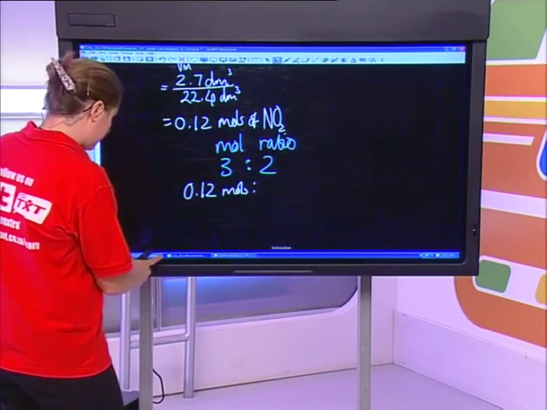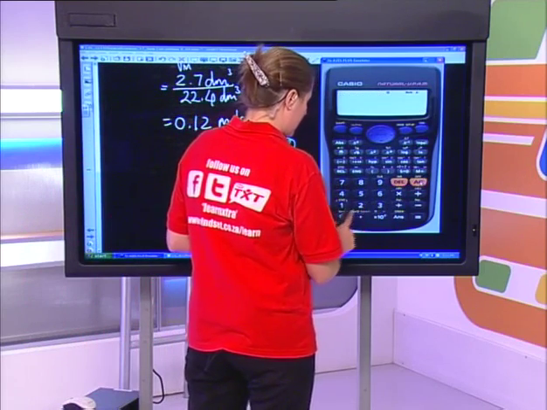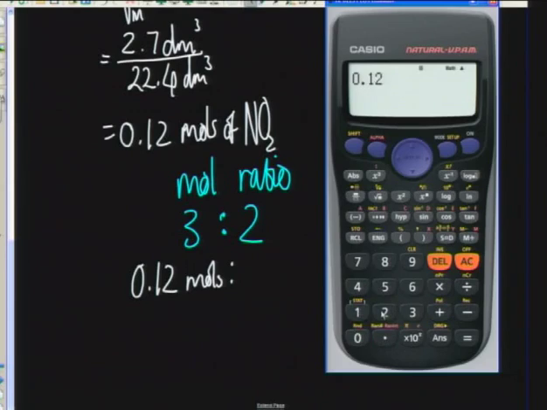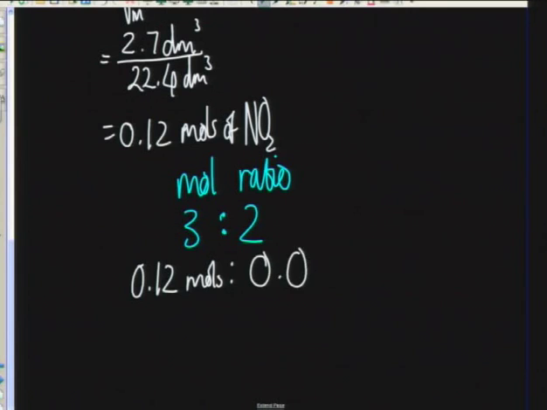So, going back to my calculator, 0.12 divided by 3, multiplied by 2, and that's going to give me an answer, 0.08, and the unit here is moles.